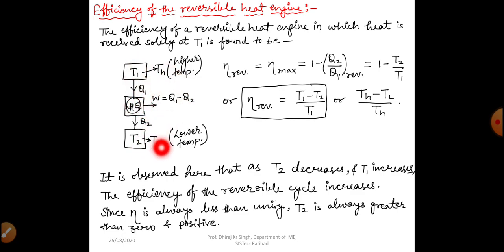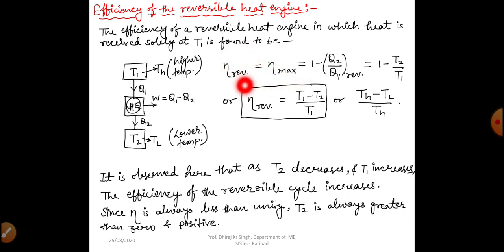This is the higher temperature and this is TL, the lower temperature. So work output is Q1 minus Q2 here, right? The difference between heat supplied and heat rejected is our net work transfer W.